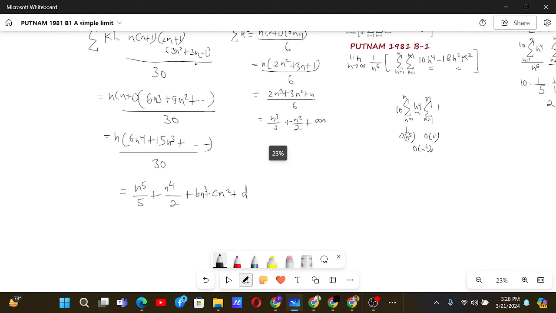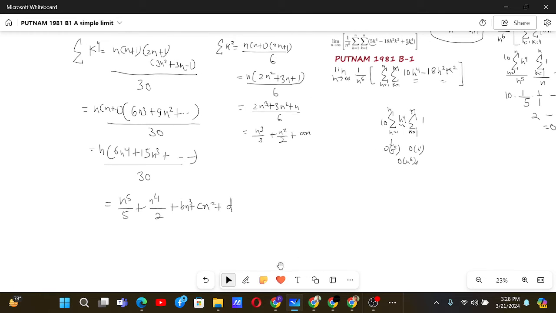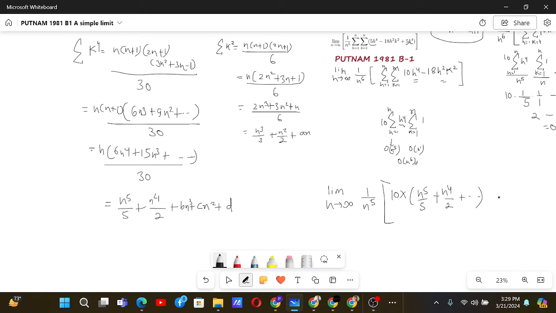Okay, now we have the first two terms of both the sums, and we are ready to begin this problem. So we have limit n tends to infinity of 1 by n to the power 5 times. Now summing up s to the power 4, we get n to the power 5 by 5 plus n to the power 4 by 2 plus some other terms, minus 18 times the sum of h square.